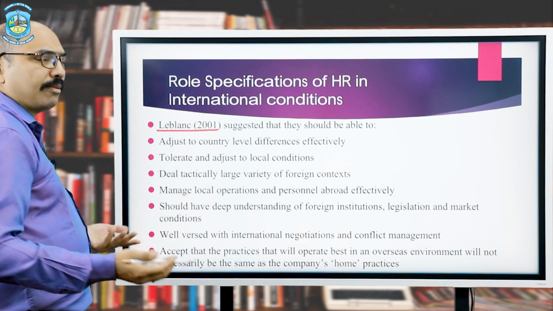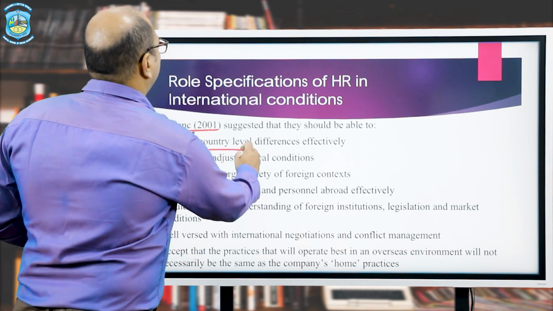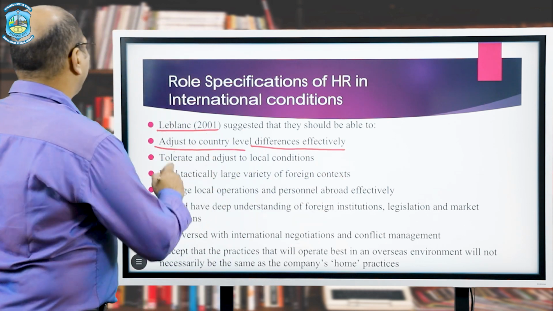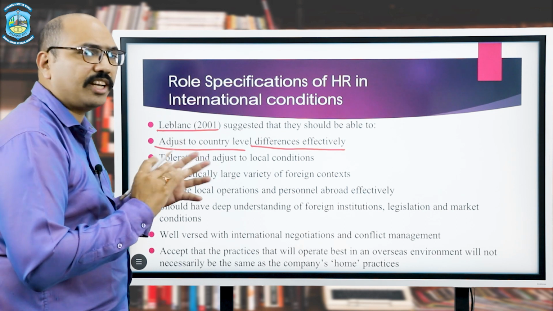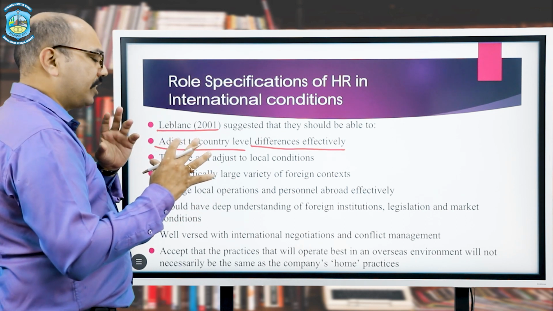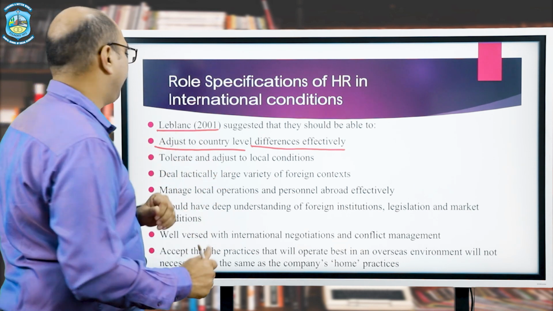See, the most important thing you are already aware of now is adjusting to country differences effectively. So you have to effectively adjust. And international HR management is something about adjusting to international differences effectively.